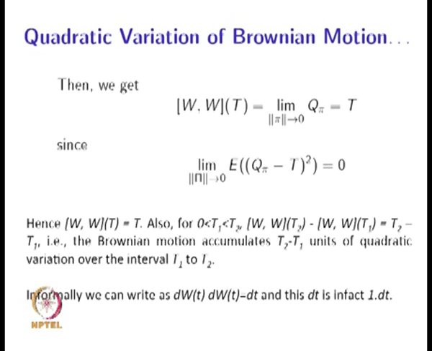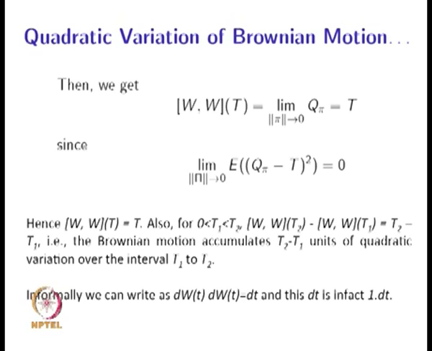That is, the Brownian motion accumulates t2 minus t1 units of quadratic variation over the interval t1 to t2. Since this is true for every interval, we say that the Brownian motion accumulates quadratic variation at the rate 1 per unit time.